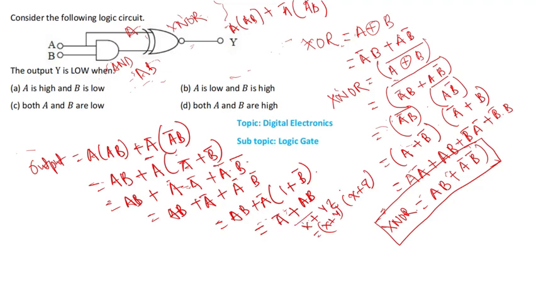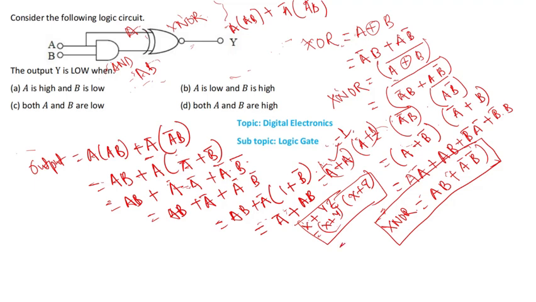So here we can write A bar plus A into A bar plus B, right? A complement plus A is always equal to 1.